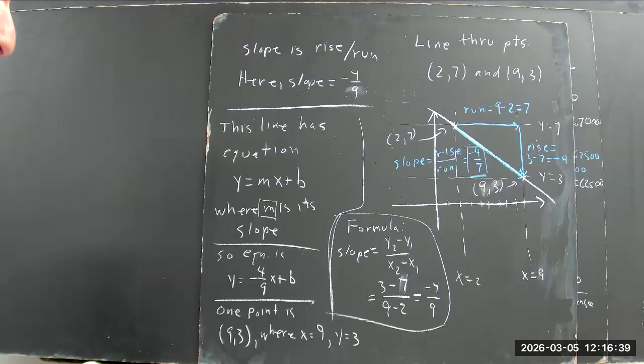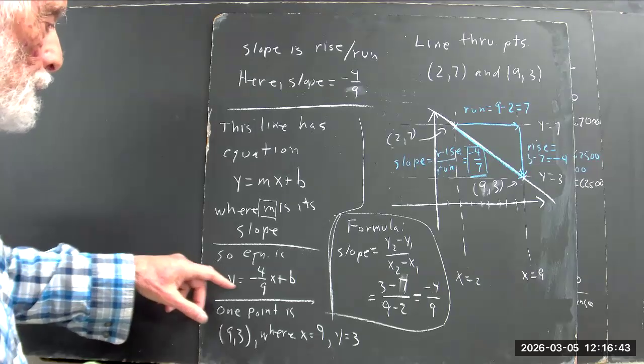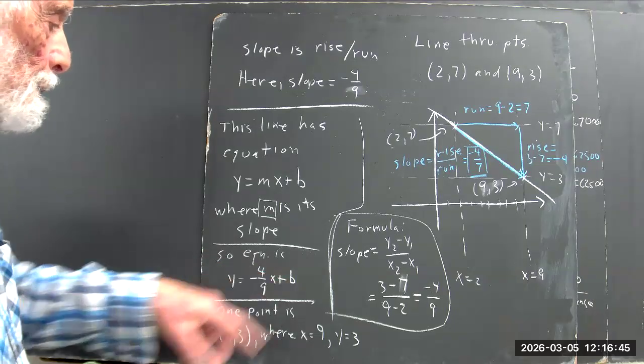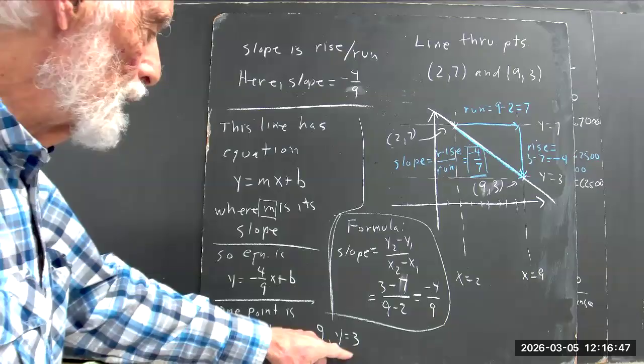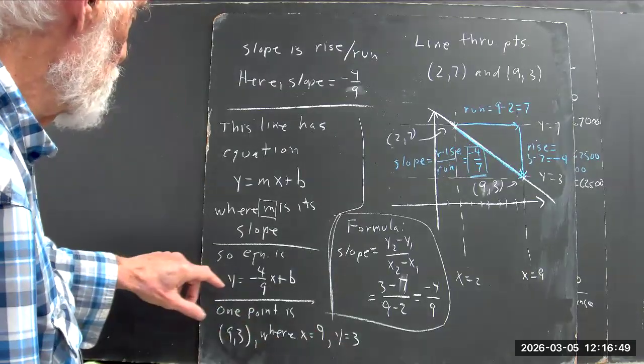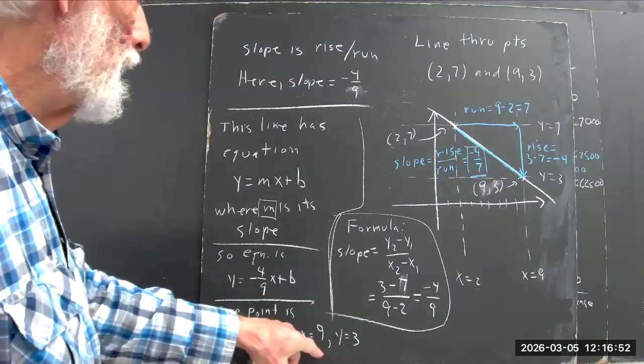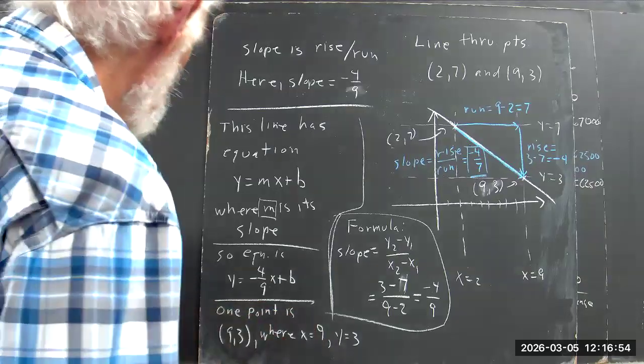Okay? So now our equation is y equals negative 4/9 x plus b, but x equals 9 and y equals 3. So we can replace x and y by 9 and 3.